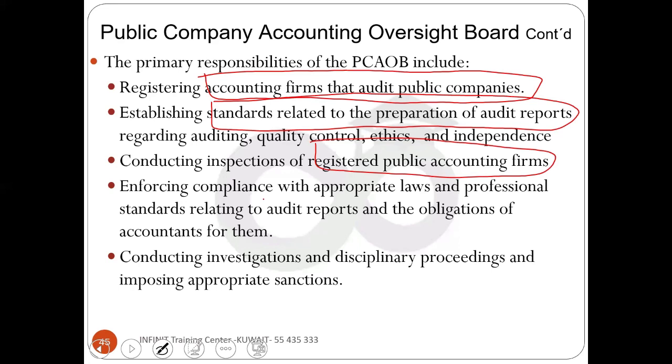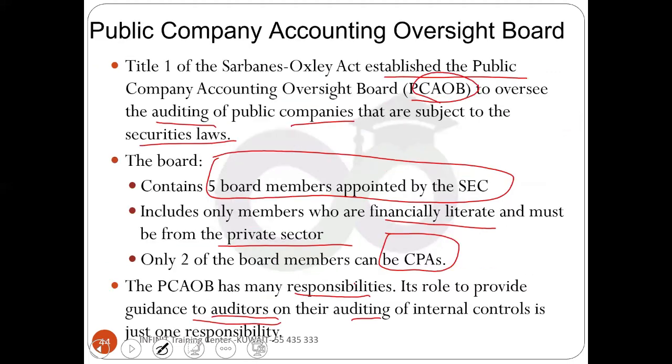And enforcing compliance with appropriate laws and professional standards relating to audit reports and obligations of audit accountants of the firm, and conducting investigations and taking disciplinary proceedings and imposing appropriate sanctions if some misappropriation is found in any of the public accounting firms. This is PCAOB, and this is mentioned in Title 1 of the Sarbanes-Oxley Act.